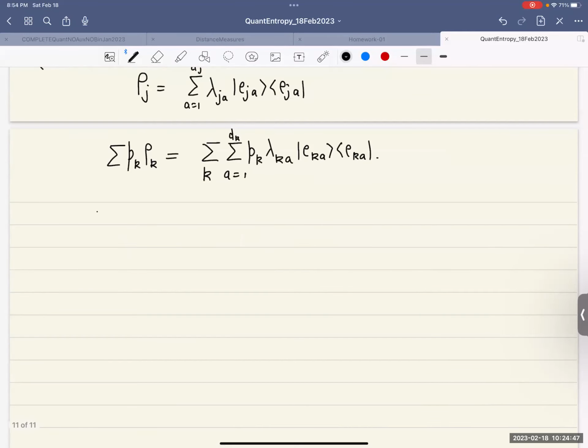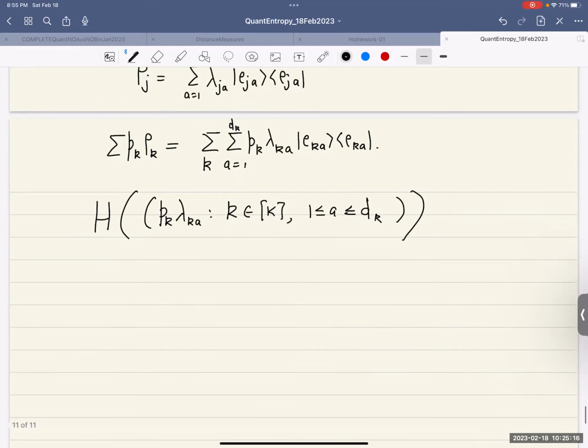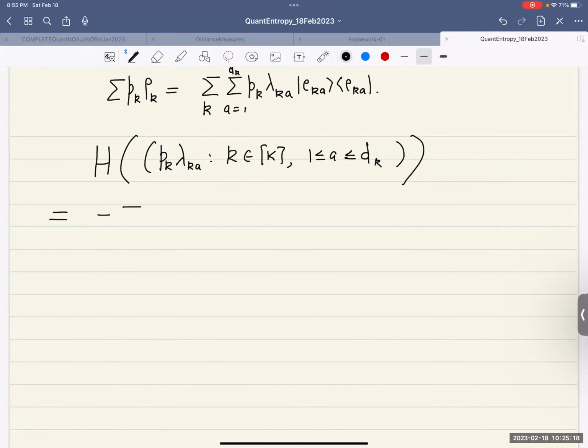So you are going to get the Shannon entropy of this big vector p_k lambda_ka, where k is just notation, capital K, 1 less than a less than d_k for all k. You have to understand this. It's just notation. So you're going to get something like this: minus p_k lambda_ka log 1 by p_k lambda_ka.